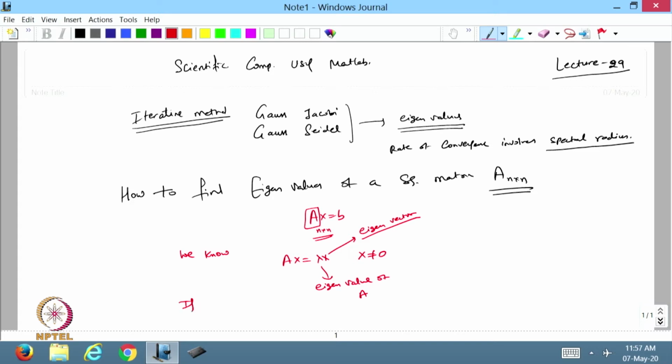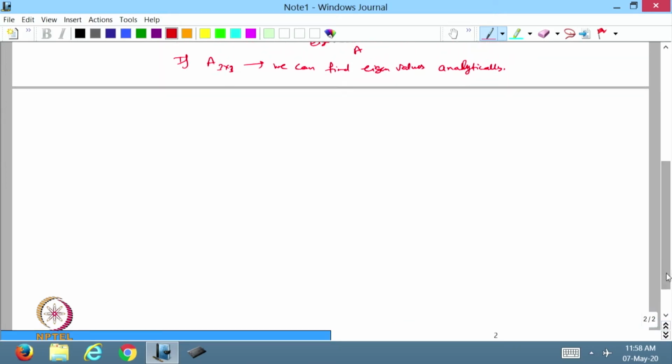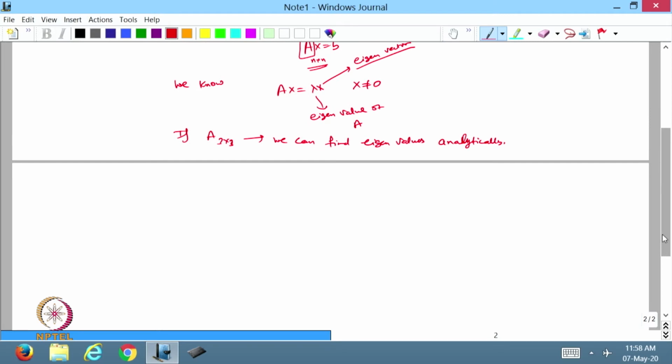Now if A is 3 cross 3, then we can find the eigenvalues analytically. Analytically means that with pen and paper I can find the characteristic equation and then solve it.